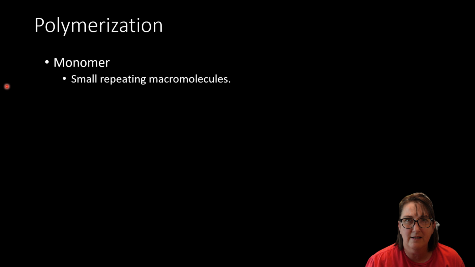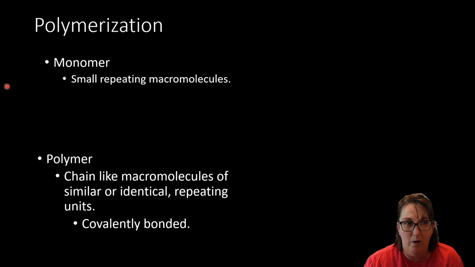To put a carbohydrate together, I have to do what's called polymerization. This is where I have small individual units, my glucose, a small little molecule that represents a carb. That's my monomer. I put them together and can make very long carbohydrates, which is a polymer.